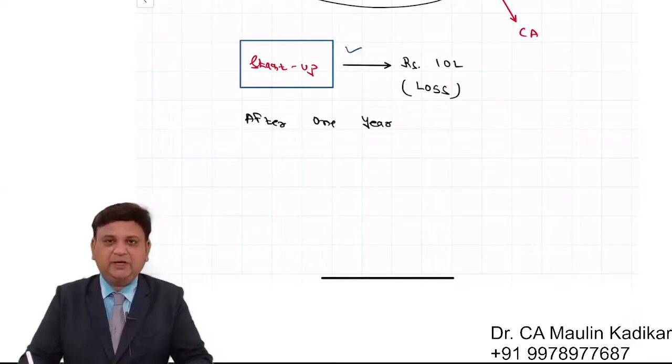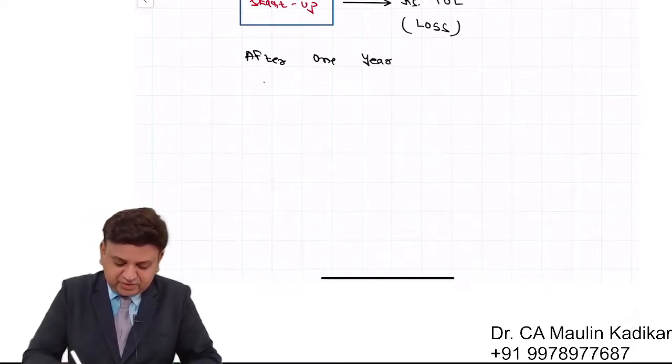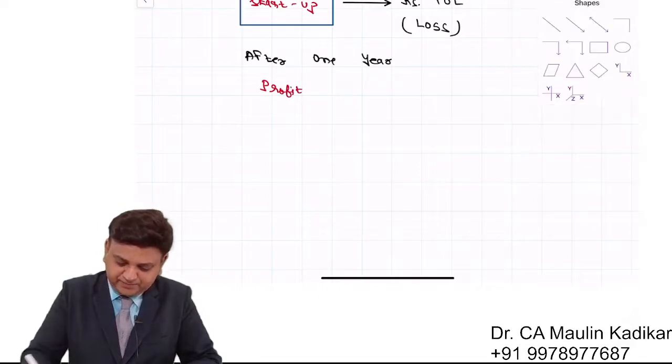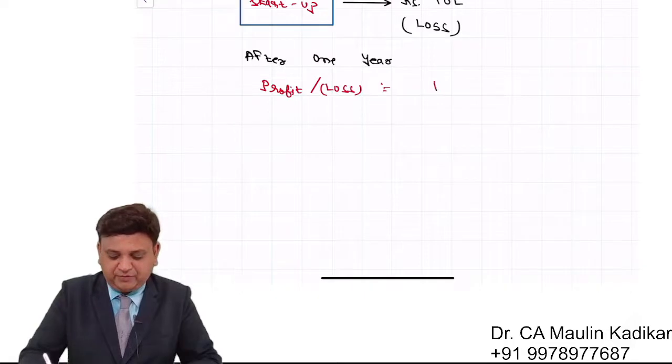After 1 year, he called me and asked, Maulin, what is the result of your business? In the first year, whether you have made profit or loss. That was his first question to me. I replied that in the very first year I have made a profit. So he was very happy that in the very first year I had made a profit.